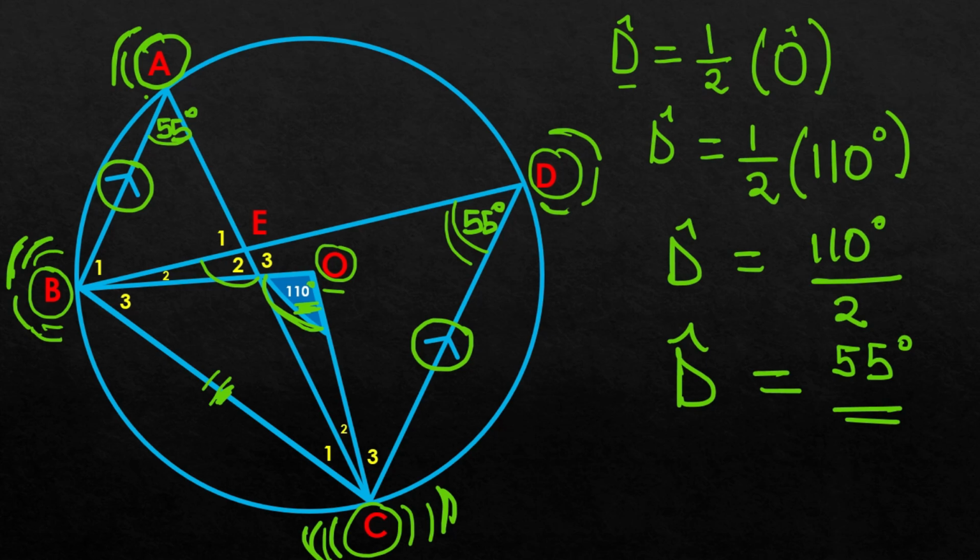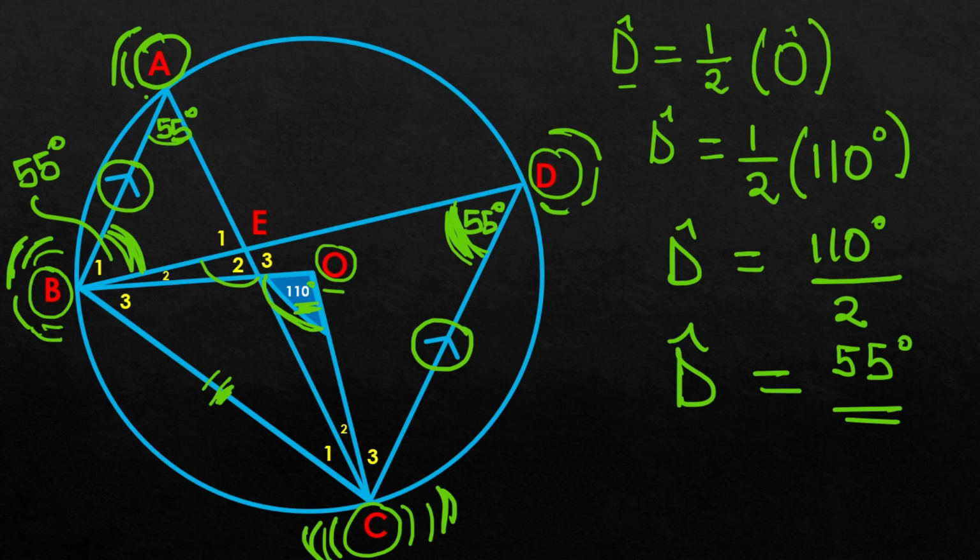So if that is the case, then angle D, this one, will be equal to angle B1. So this is also 55 degrees. So B1 is also 55 degrees. I don't know where to write it, so I'm just going to do this, 55 degrees.